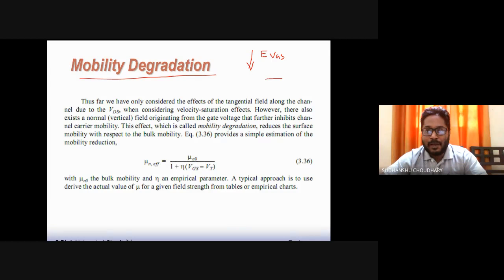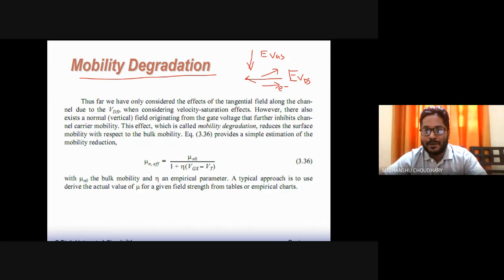And you also have another electric field because of VDS, which is causing my electrons to flow from source to drain. Now because of this vertical electric field, the electrons may feel a force that can drive them towards the gate surface.